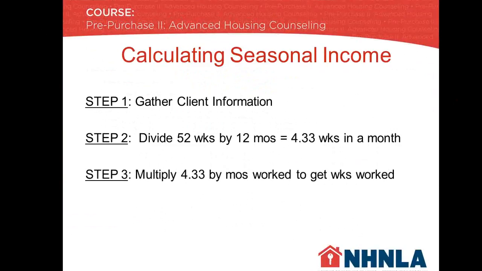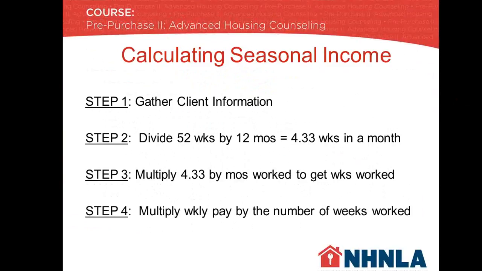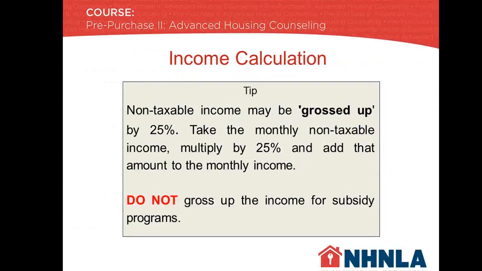In step 3, multiply 4.33 by the number of months worked to get the weeks worked. And finally, in step 4, multiply the weekly pay by the number of weeks worked to get the annual income, and divide by 12 to get the monthly income.